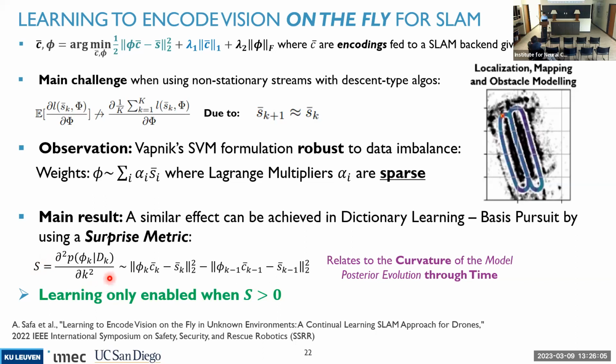And the surprise metric is related to the second derivative of the posterior distribution of the weights of that model through time. So the curvature of the evolution of the posterior distribution of the weights through time.